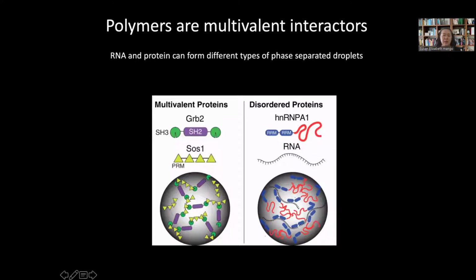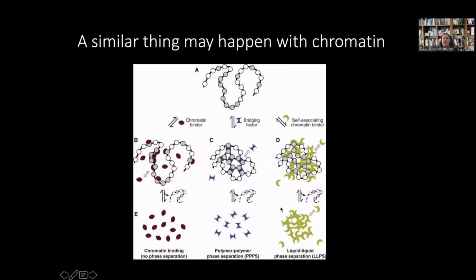So this is protein and RNA, but people are thinking now that DNA can do this as well. And that DNA or chromatin, so this is our beads on a string again, by interacting with different kinds of proteins, it may form something like a phase-separated state.